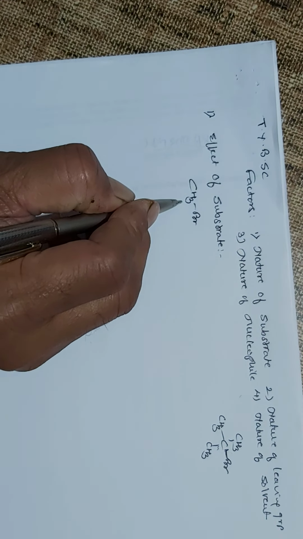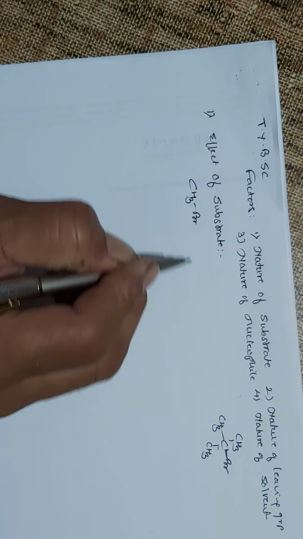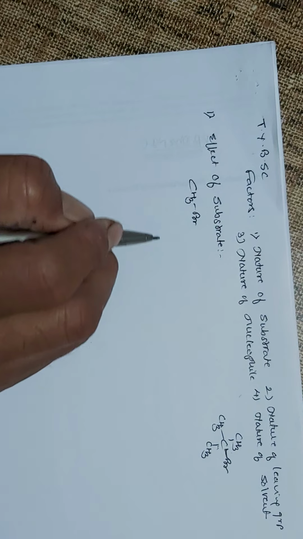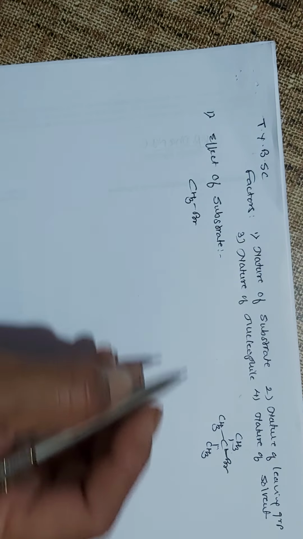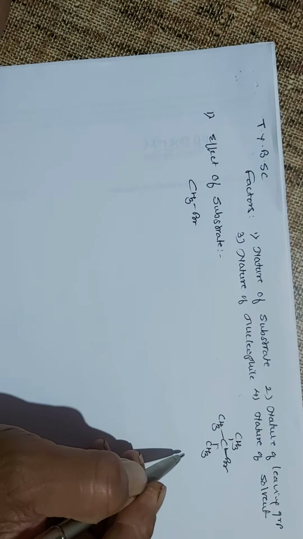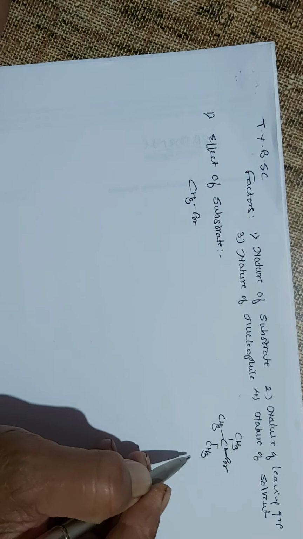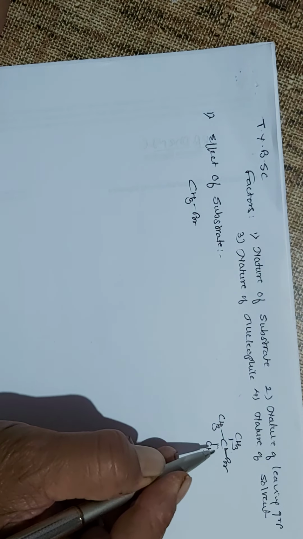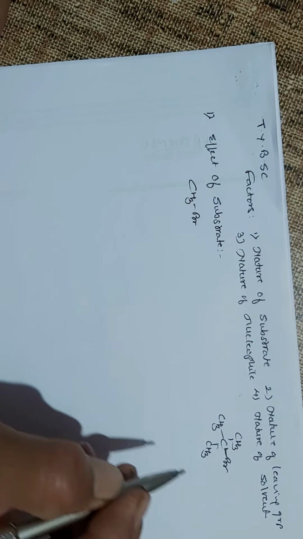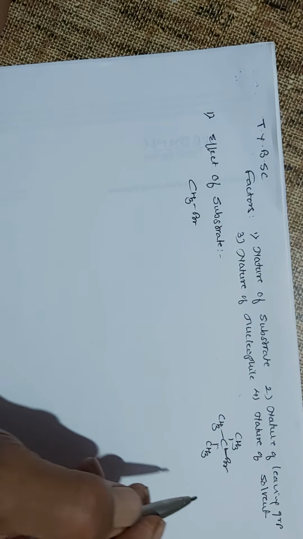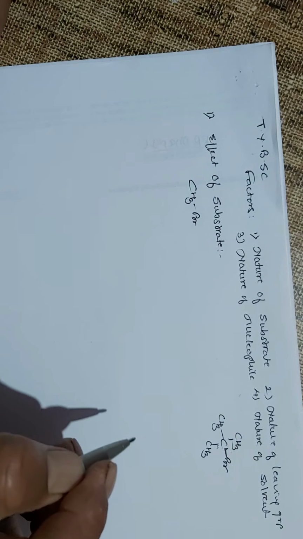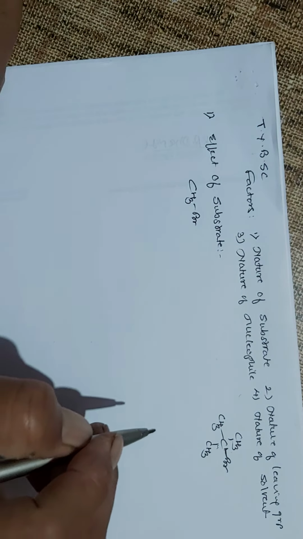Methyl bromide undergoes SN2 reaction, which proceeds with the simultaneous attack of the nucleophile and the breaking of the C-Br bond. Whereas the SN1 reaction proceeds with formation of a carbocation, in two steps. The first step is the formation of carbocation and the second step is the attack of the nucleophile.